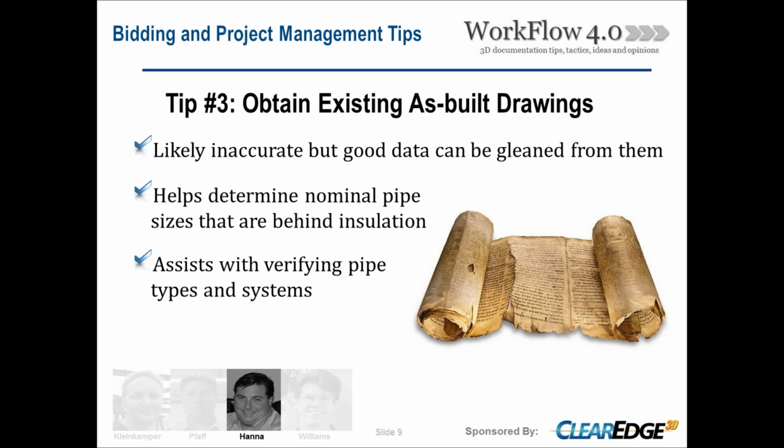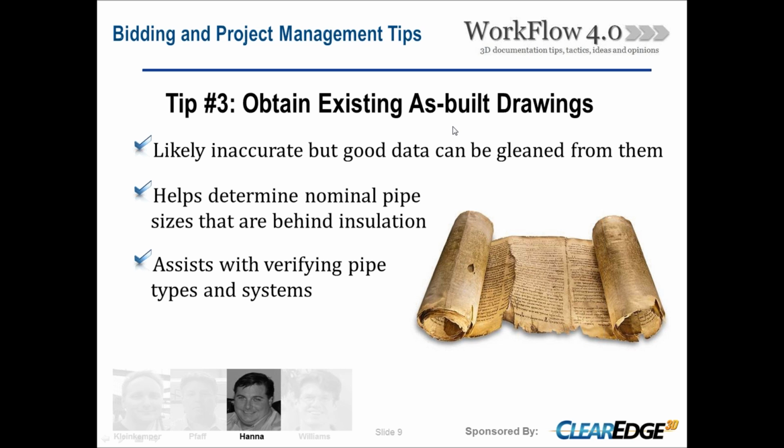Yeah, another one we always like to ask for would be getting our hands on some existing as-built drawings if they exist. We, of course, are relying on the scan data to determine as-is conditions, but there's still a lot of good information in there. For instance, oftentimes when we're scanning for MEP, we don't know the size of the pipe because it's hidden behind insulation.